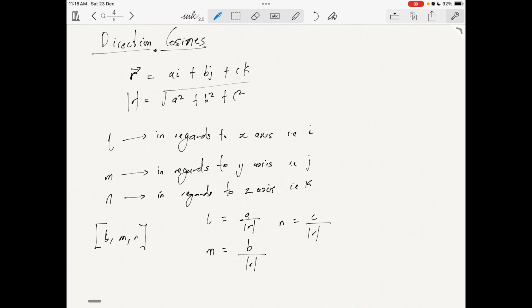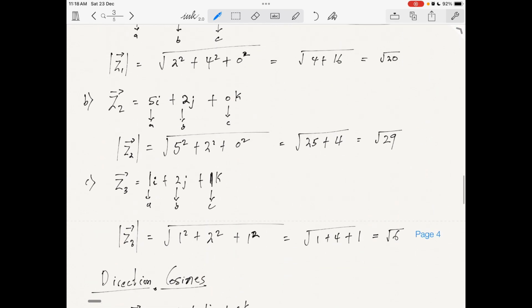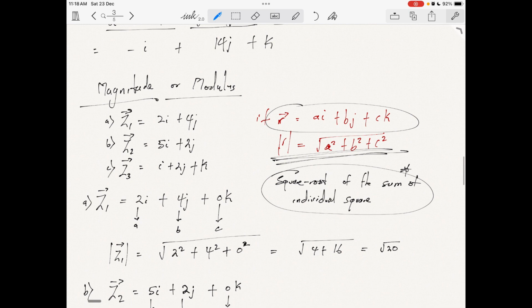Now still on these 3 questions, we will be required to evaluate the direction cosine for each of these.